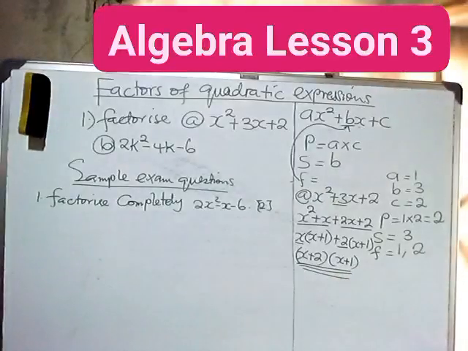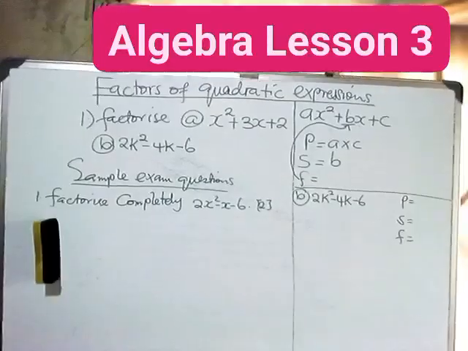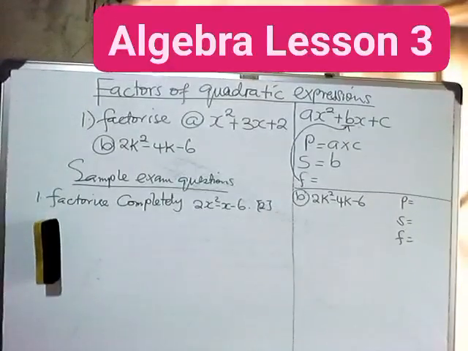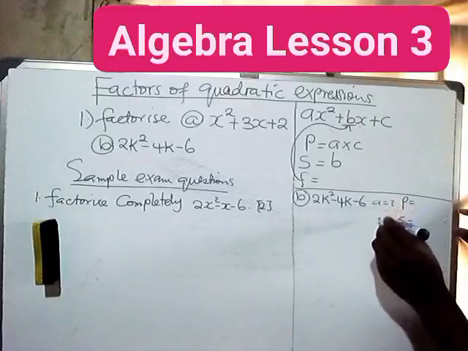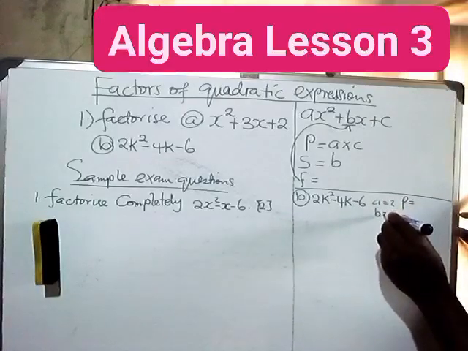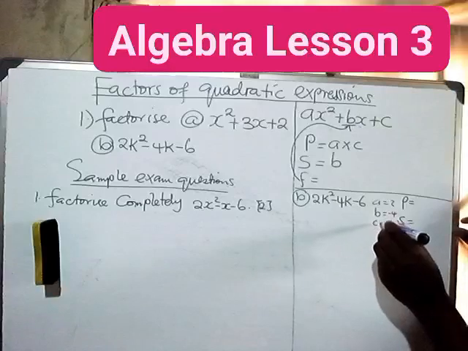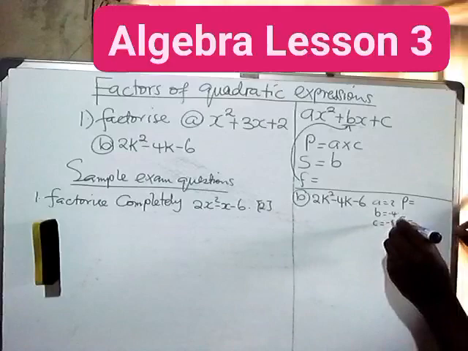Now we go to question number B. Question number B, we have 2x squared minus 4x minus 6. Which one is our product, our sum, and our factors? In this case, our a is 2, our b is negative 4, and our c is negative 6.